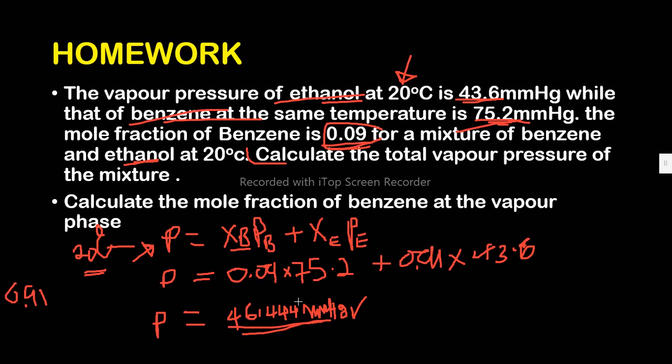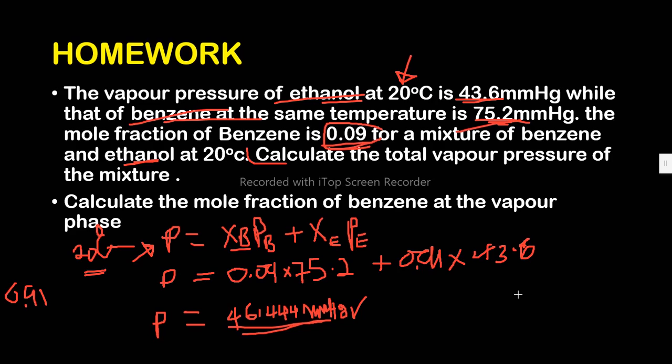So if you get the partial pressure, can't you get the mole fraction of benzene? Yes, you can. Somebody give it a shot. We get the partial pressure of benzene over the total pressure of benzene and ethanol.